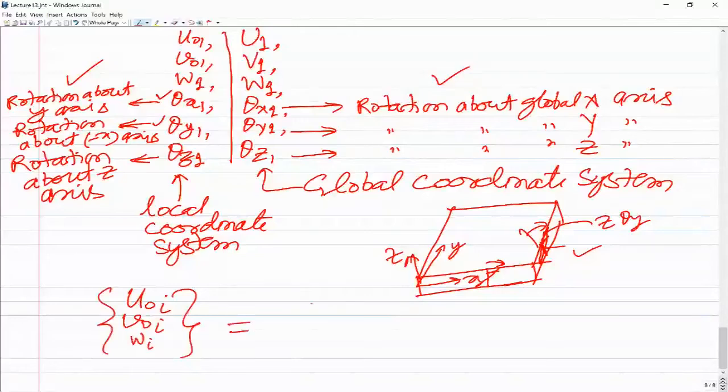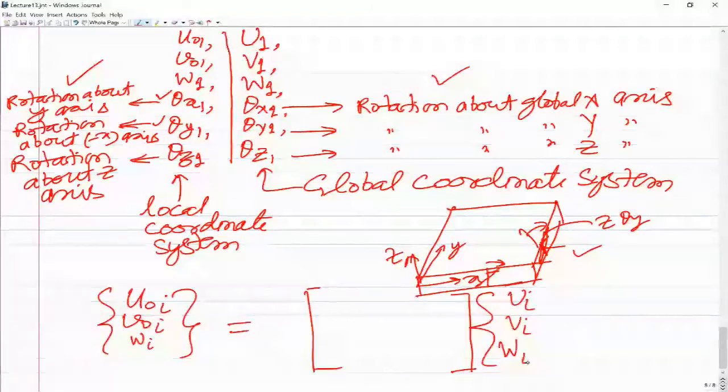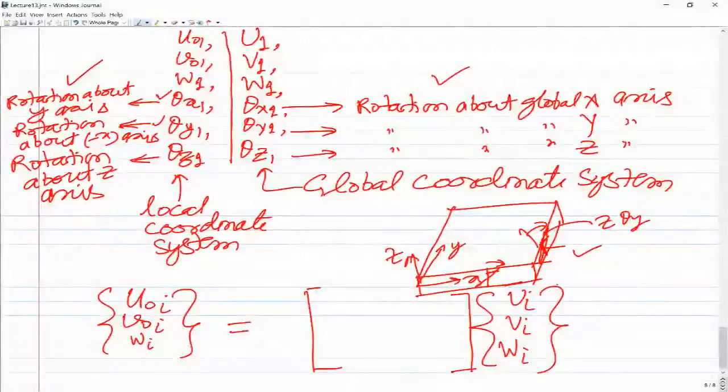So you can project the displacement vector with respect to global coordinate axes, which is ui, vi, and wi. See, when we have this global displacement vector ui, vi, wi, its projection along the unit vector along the x-axis, that is along the ex cap vector, if we take the dot product of ex cap and this displacement vector capital ui, capital vi, and capital wi, we will get this displacement.